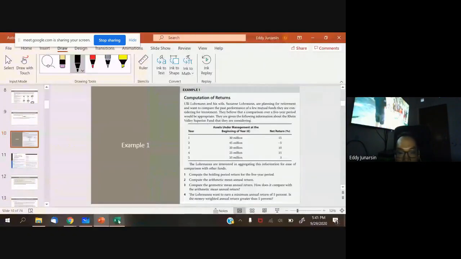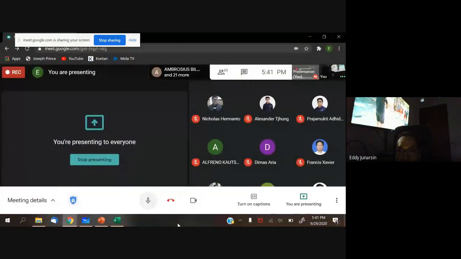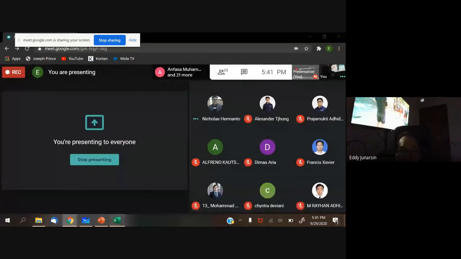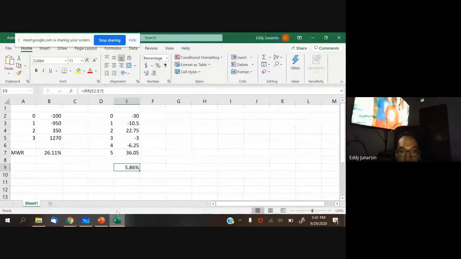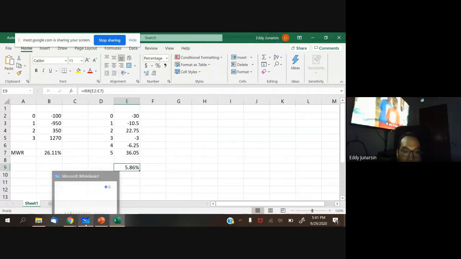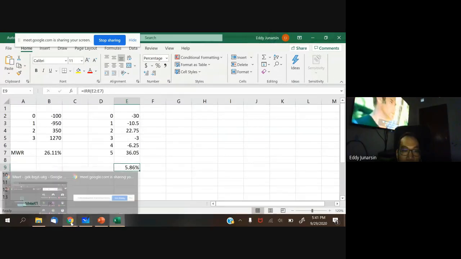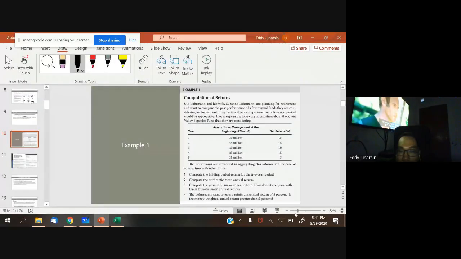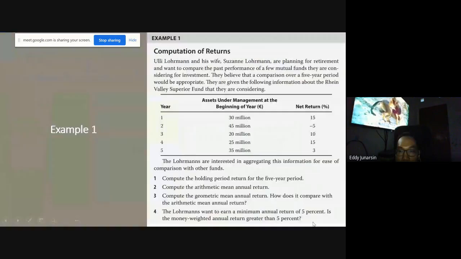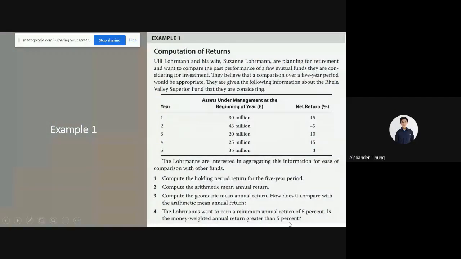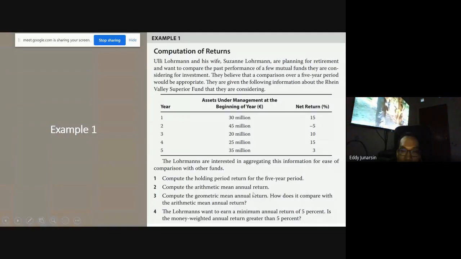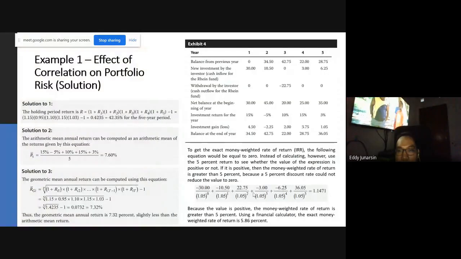Anyone? What is our result? 5.86. So what's the answer to number 4? Yes, it's greater. Of course, greater. 5.86 is above the 5%.